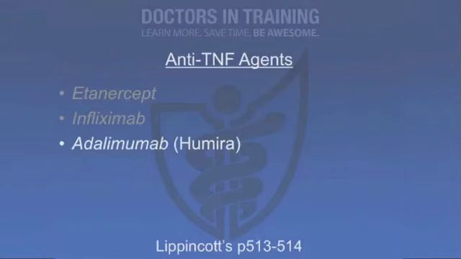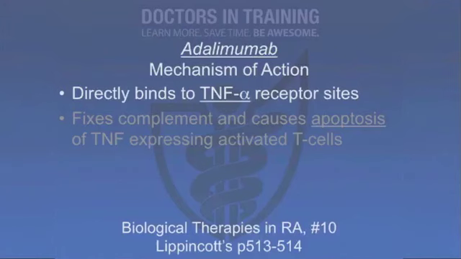Adalimumab, this is the last TNF blocker that we'll talk about. Half-life of this one is about 20 days, so it might take 2 months or so before this one actually starts to kick in and the patient actually sees some clinical benefit. The mechanism of action of adalimumab, it binds to TNF alpha at receptor sites. It's a fully human monoclonal antibody.